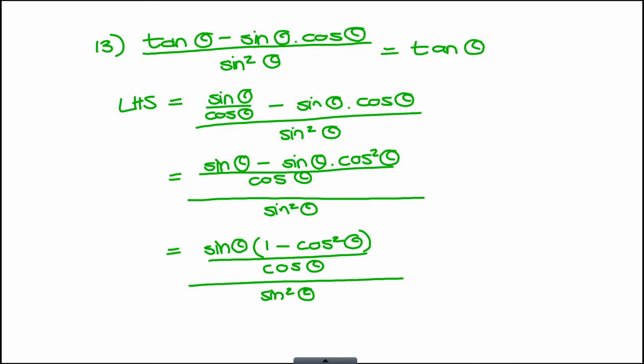Wat kan ons nou sê? Daai 1 minus cos kwadraat theta kan raak sin kwadraat theta. Ek gaan hom nou gou so skryf, gedeel deur sin kwadraat theta.